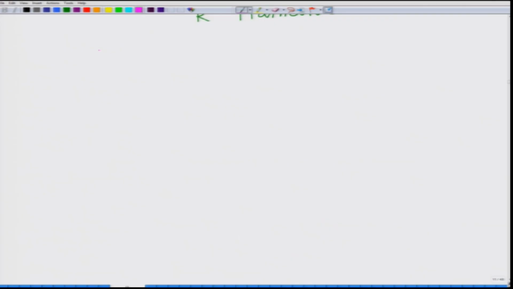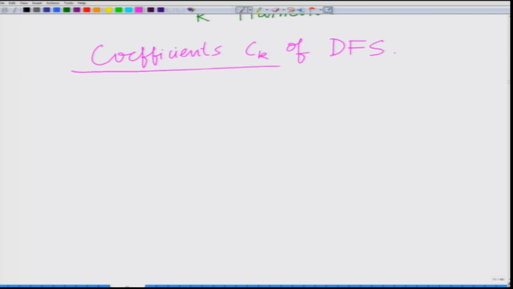Okay. So, let us now look at how to find the coefficient Ck of the discrete Fourier series. Let us call it Cl, since we are already using k as the index of the discrete Fourier series.